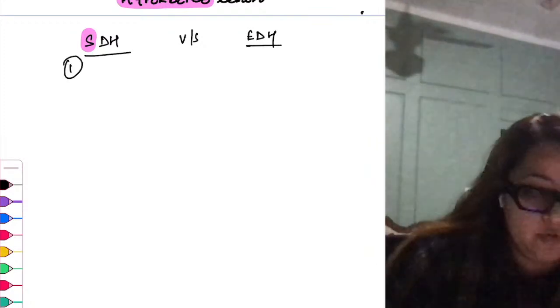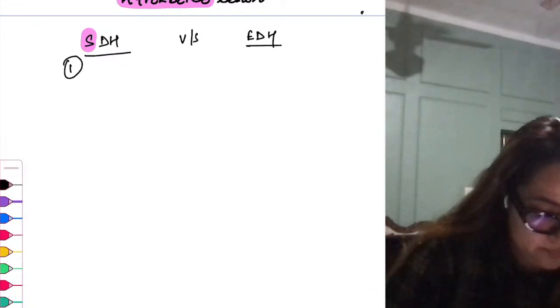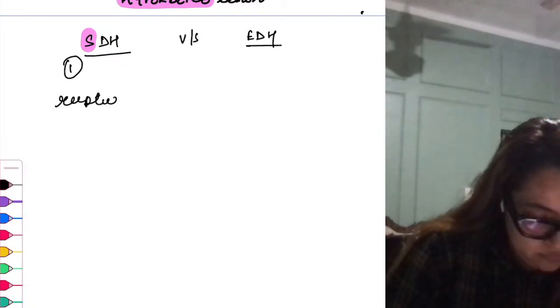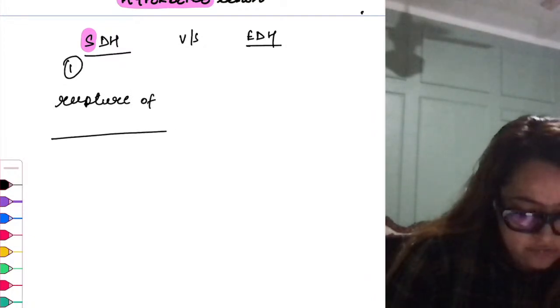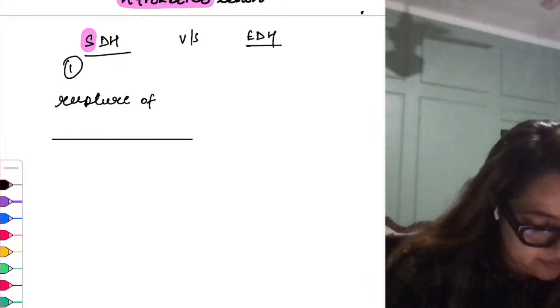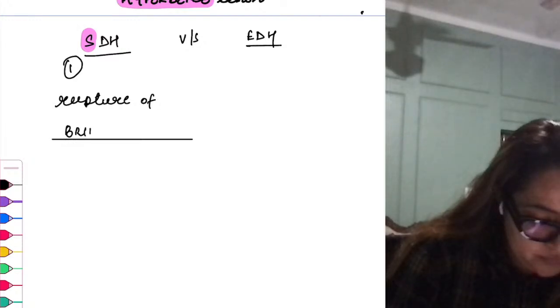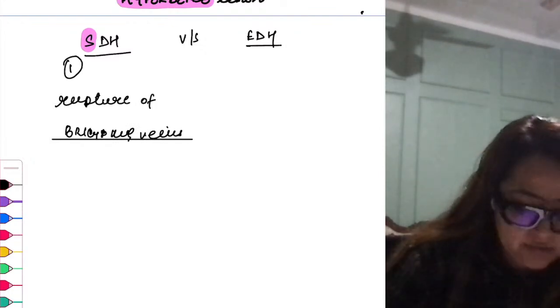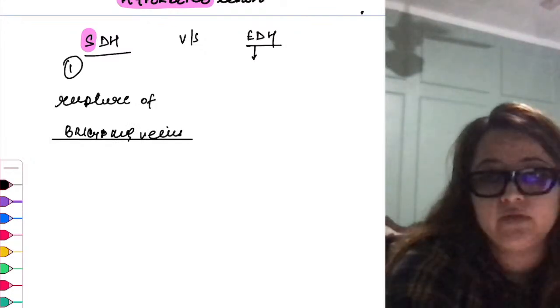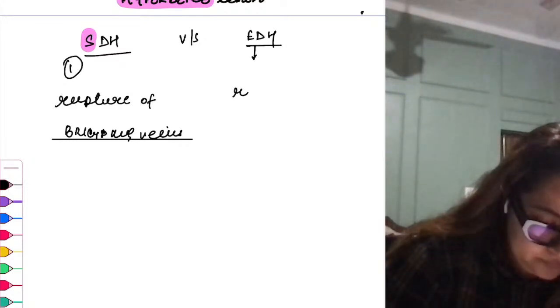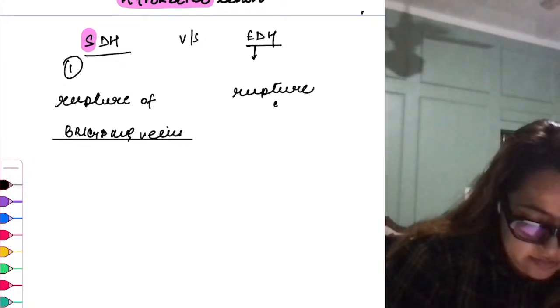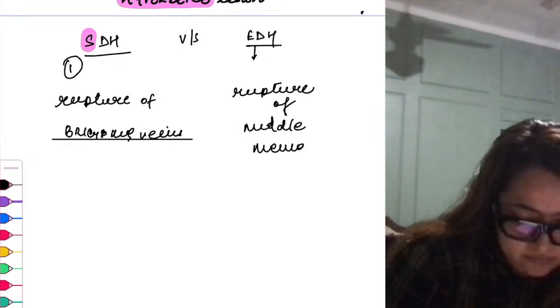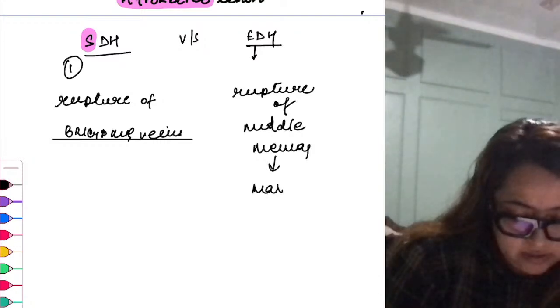Number one, in subdural hematoma, there was rupture of bridging veins. When you talk about the epidural hematoma, there was rupture of middle meningeal artery, which is a branch of maxillary artery.